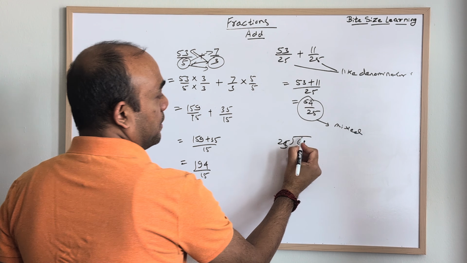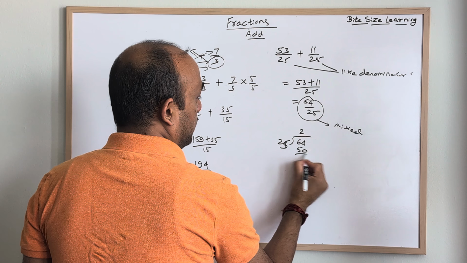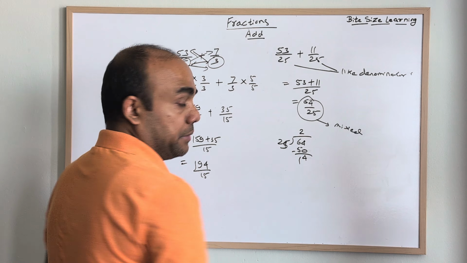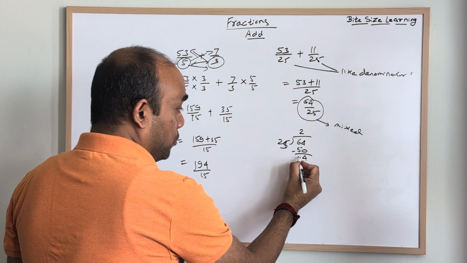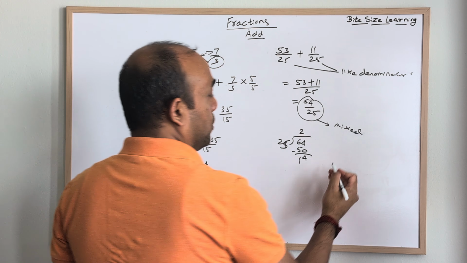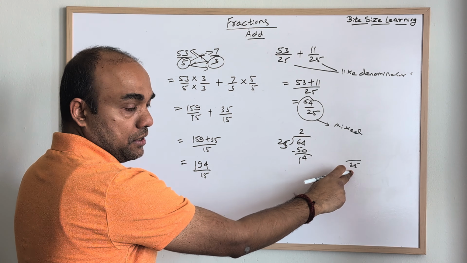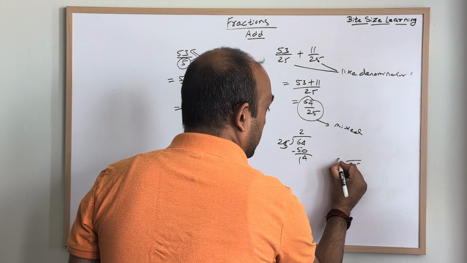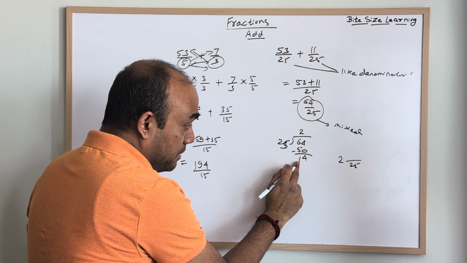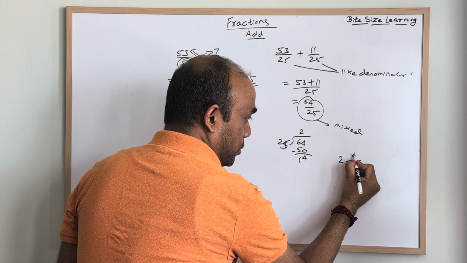So 25 times 2 is 50, and the remainder is 14. If you want to convert this into a mixed fraction, what you need to do is write the divisor here, write the quotient here, and write the remainder here at the top.